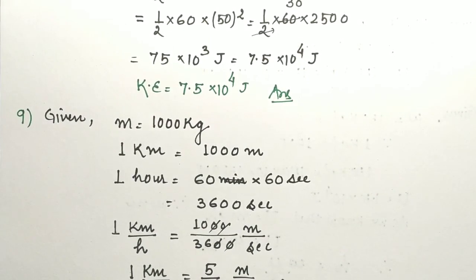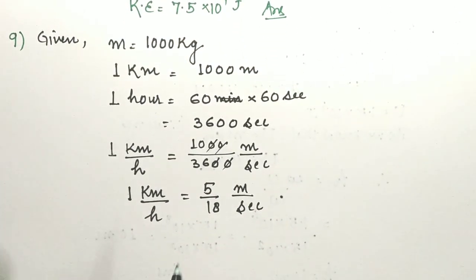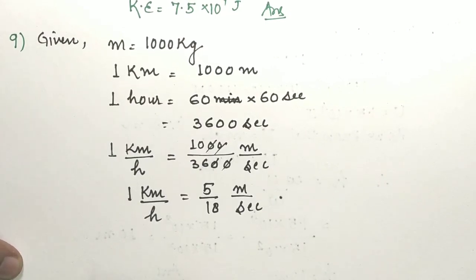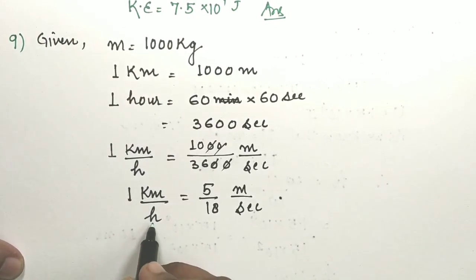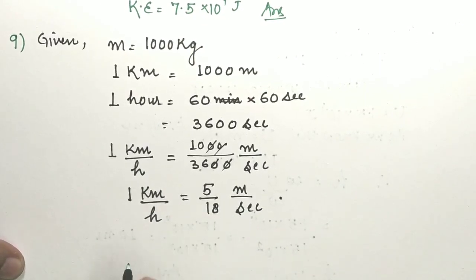So students, what I am willing to say is that whenever the speed or velocity of an object is given in kilometer per hour, in order to change it into meter per second, we have to multiply with 5 by 18.